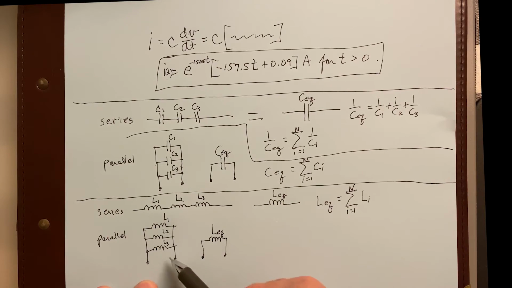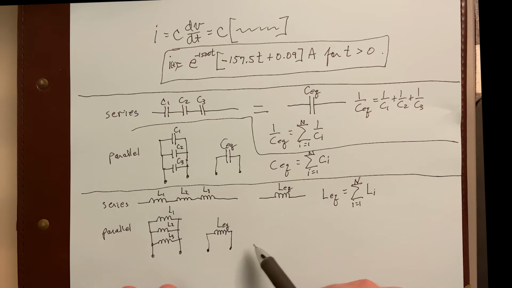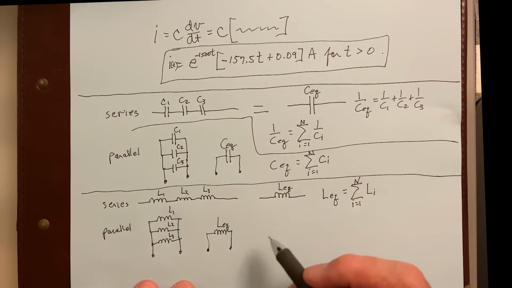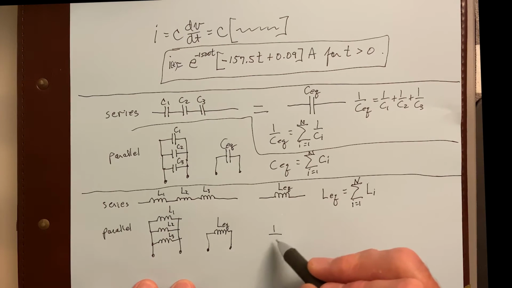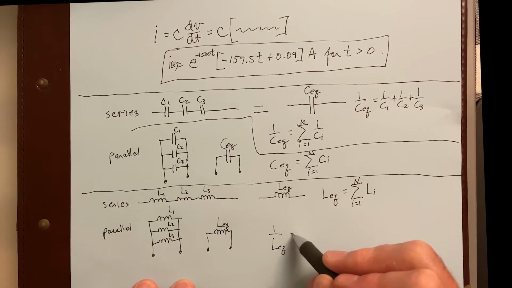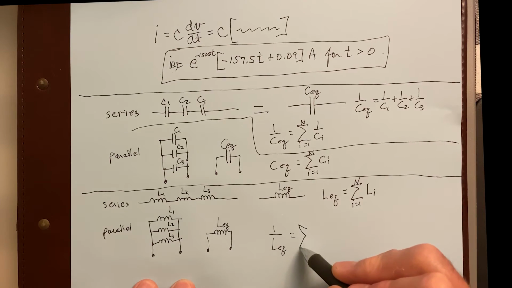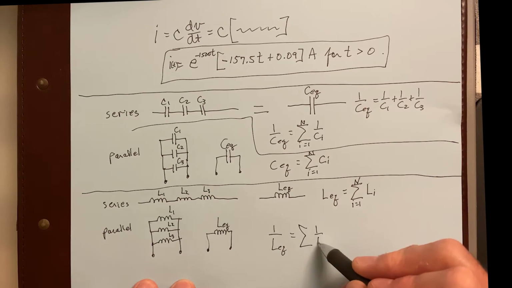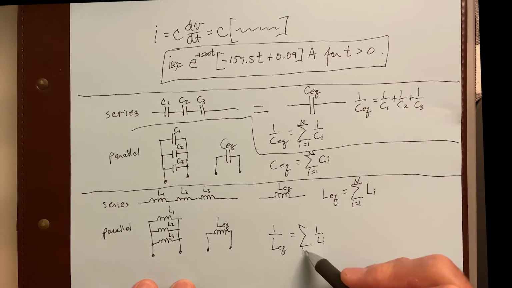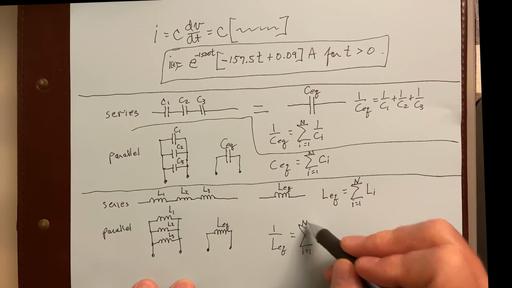Well, those are parallel inductances, so the way you combine those together is the same way that you would combine parallel resistors. So 1 over LEQ is equal to the sum of 1 over each of the individual inductances from I equal to 1 to n.